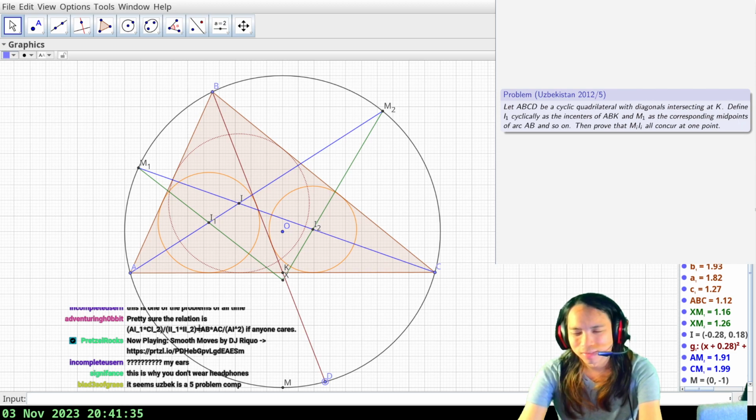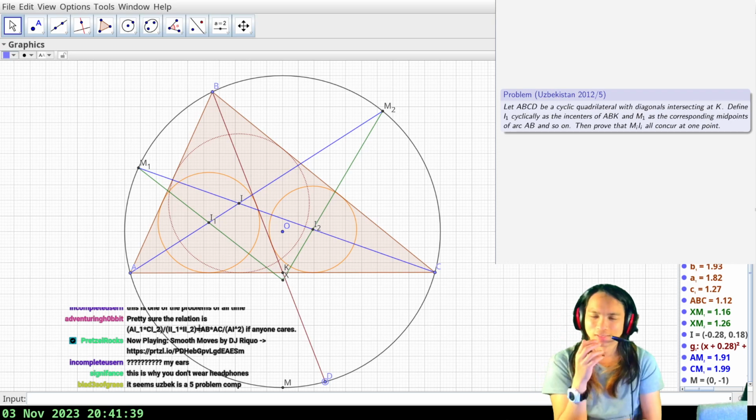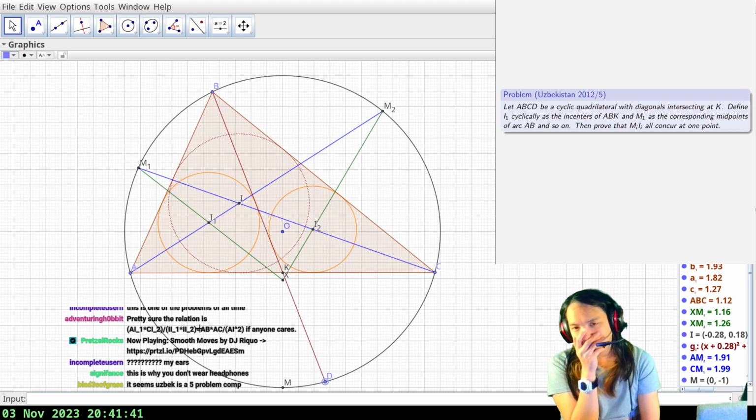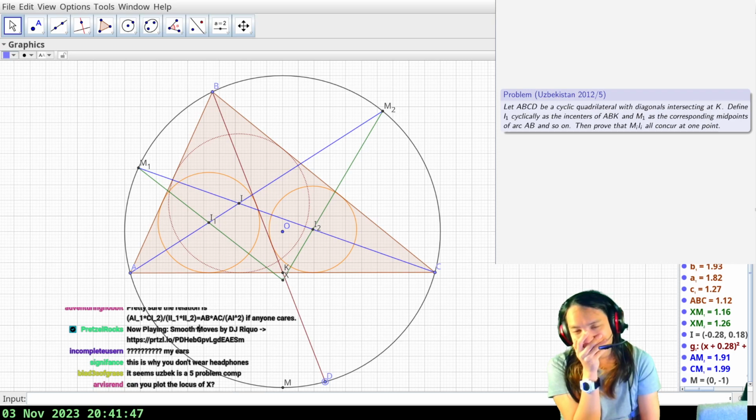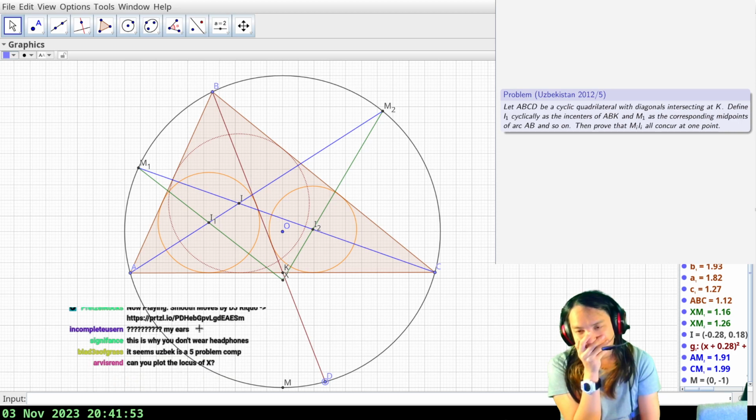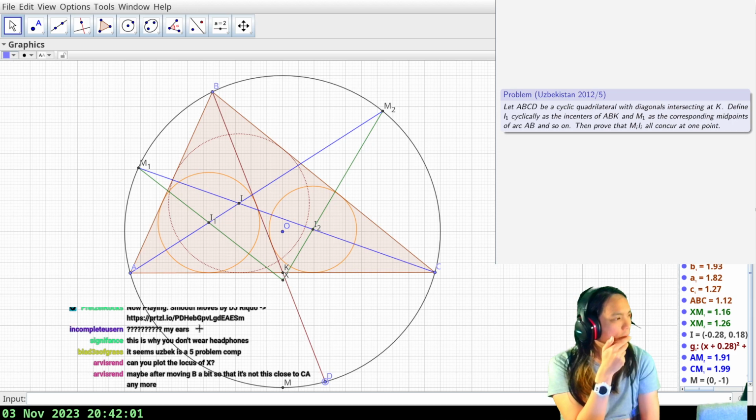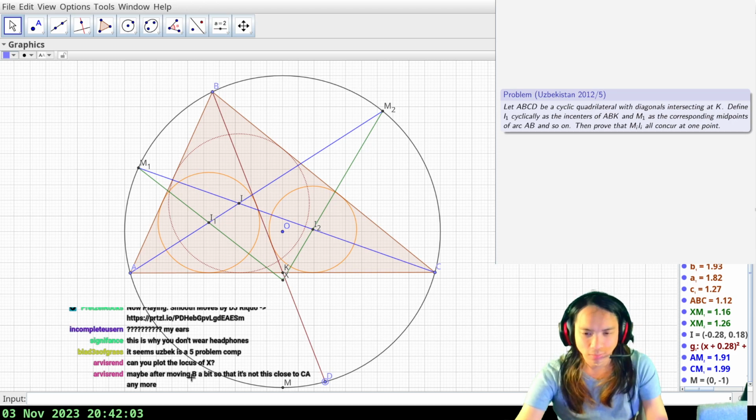Can you plot the locus of X? Yes, I can.